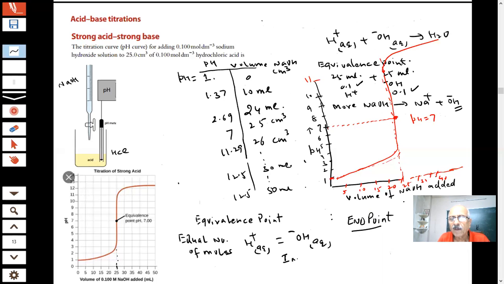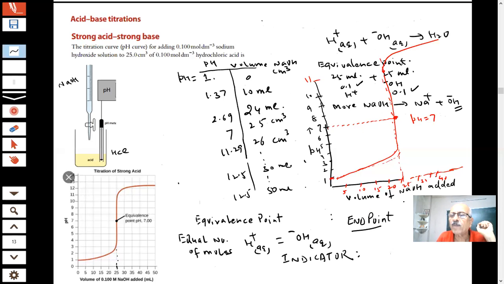Indicator? Yes, sir. What is an indicator? It will change its color at the equivalence point, or there should be a range where it should change its color.